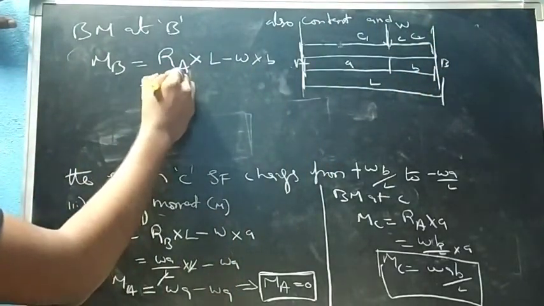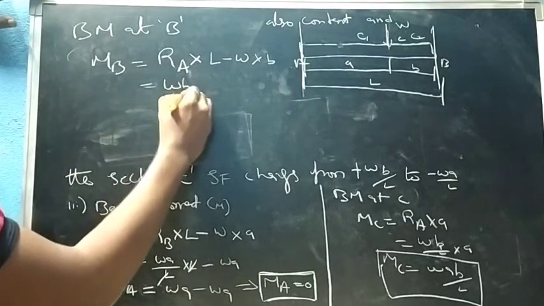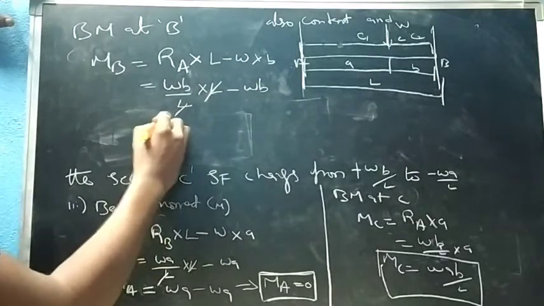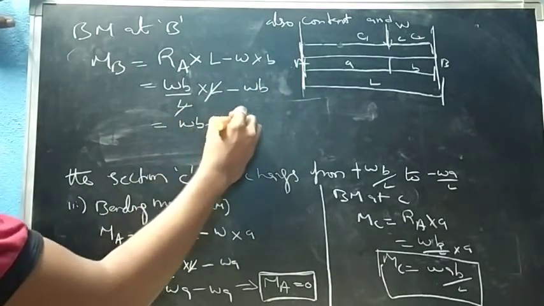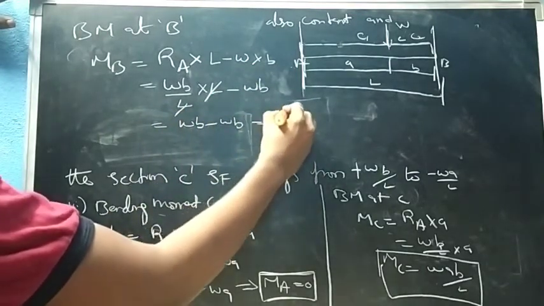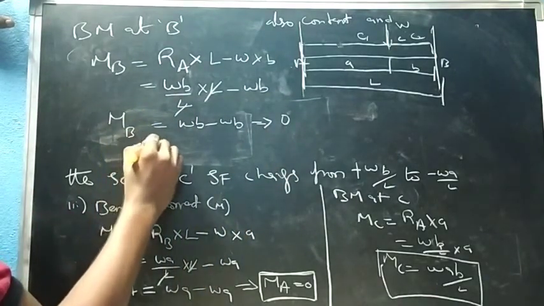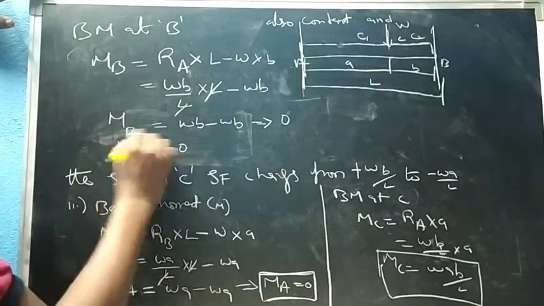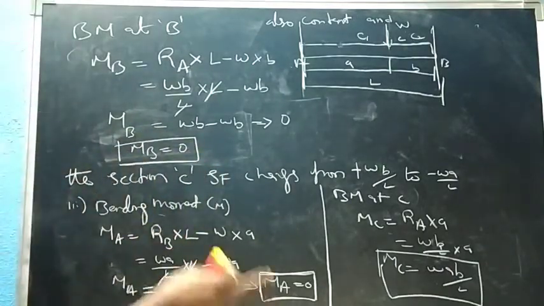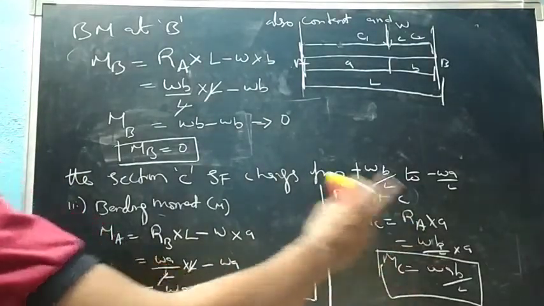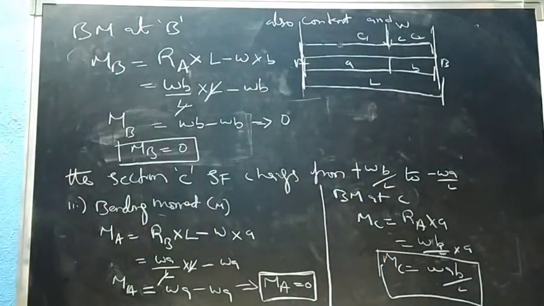So we know that RA is WB upon L into L minus WB. L get cancel again, that WB minus WB, that is equals to 0. So MB equals to 0. So moment at A is 0, moment at B is 0, and moment at C is WAB upon L. So now we can draw shear force and bending moment diagram.